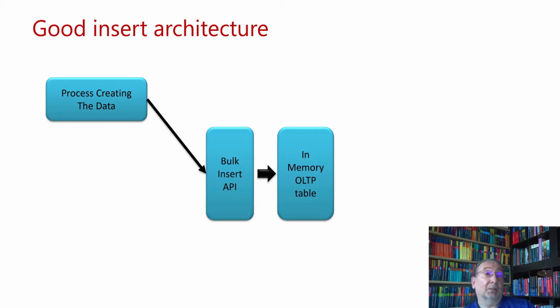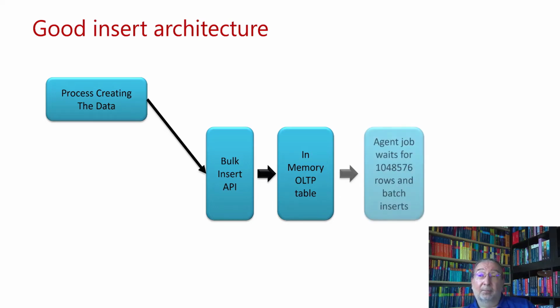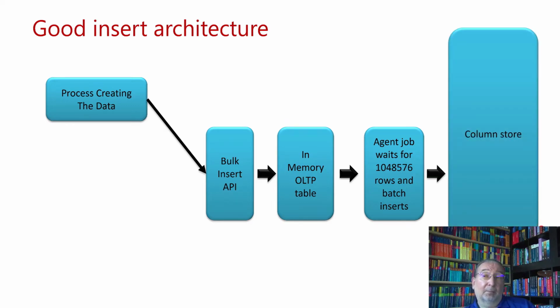In our case, we usually insert so fast that these tables actually help us. And then we have a SQL Agent job that waits for the magic number of rows to be there, just counts them, wakes up every second, counts it. If it finds the number of rows, it batch inserts them into the column store and then deletes them from the in-memory table. Yeah? And the column store grows over time, but has perfect row groups.